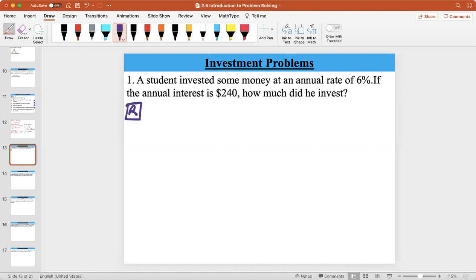Step 1 is our word representation. So let x be the amount invested at 6%. That's our first step.